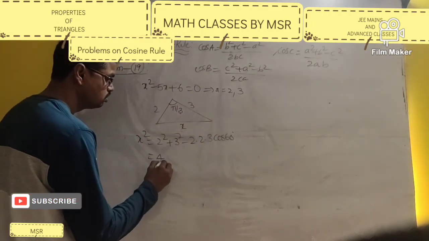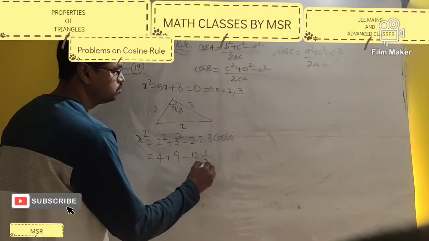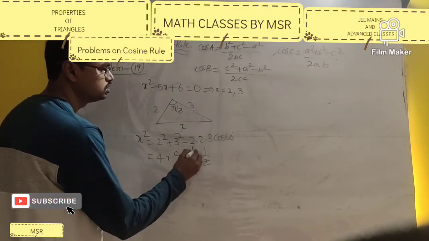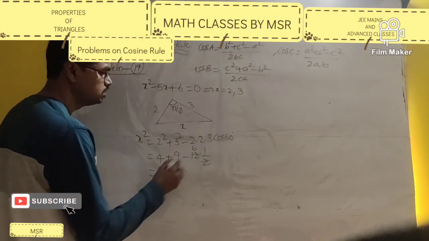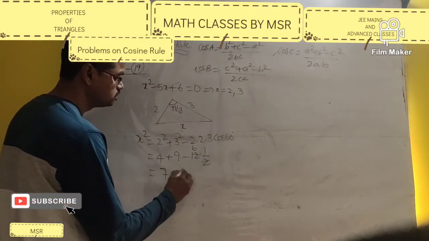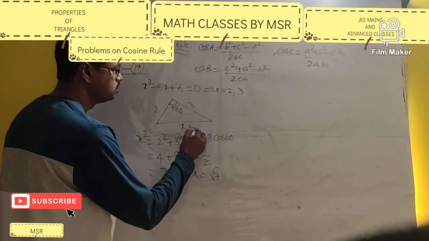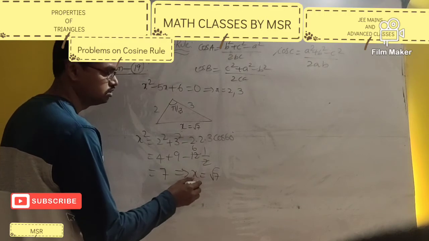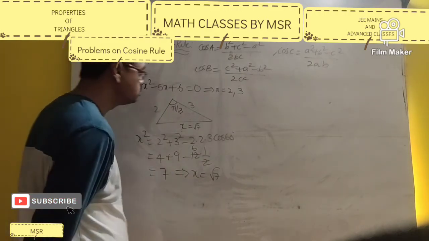This is 4 plus 9, minus 12 into 1 by 2, which is 6. So 4 plus 9 is 13, 13 minus 6 is 7. So x square is equal to 7, x is equal to root 7. Actually you will get plus or minus root 7, but here x is a positive quantity, so we will take x equal to root 7.